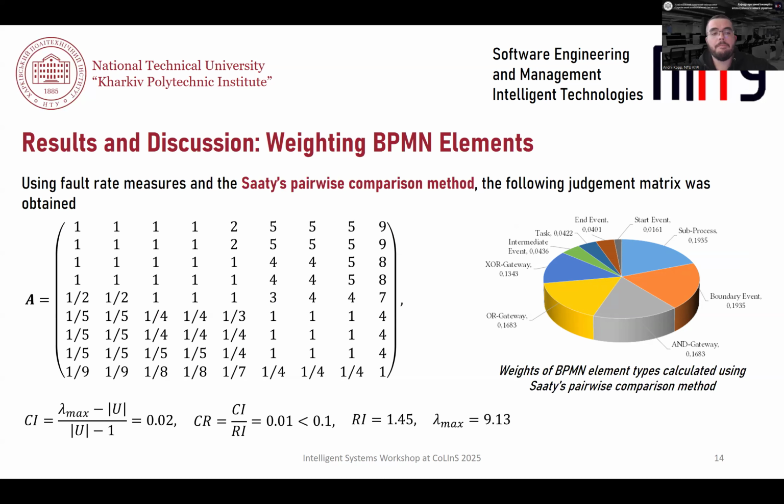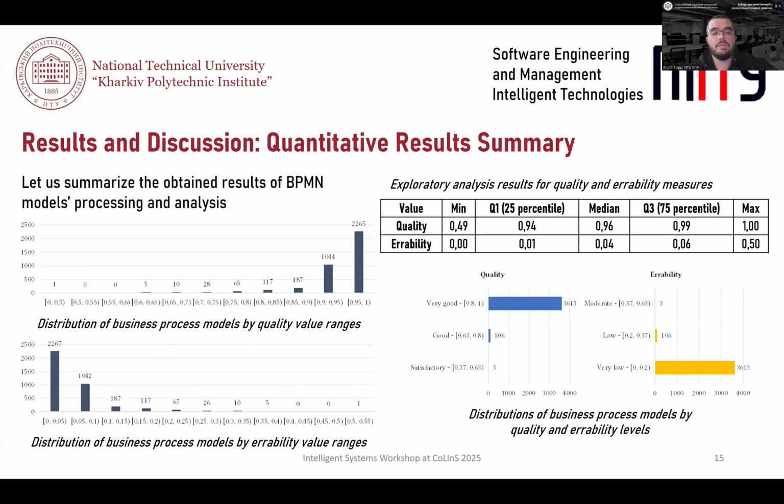And then, as we can see, we summarized the obtained results of BPMN models processing and analysis, introducing the distribution of business process models by quality value ranges, which shows that 265 models are lying between 0.95 and 1 on the quality scale, and 1,044 models lie in the range from 0.9 to 0.95 in terms of quality measure, and the remaining models are distributed by other intervals.